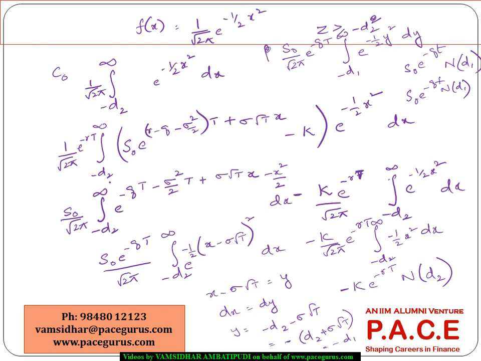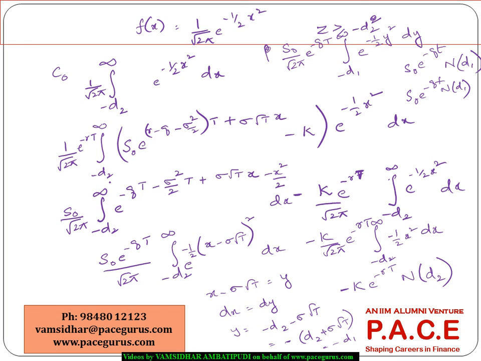Once I know the lognormal model for evaluating the asset prices, wherein the relationship is logarithm of S t2 by S t1 is mu minus q minus sigma squared by 2 times t2 minus t1 plus sigma square root of t2 minus t1 times z, once I have established that equation, I can solve the price of a call option or a put option, especially European options, just by looking at their payoffs, finding the expected value of the payoff, and then finding the present value of that expected payoff.